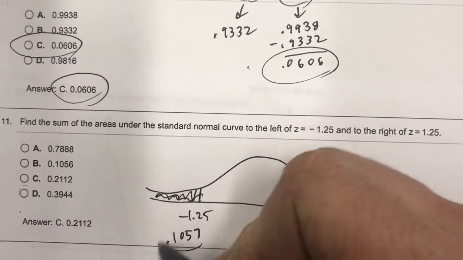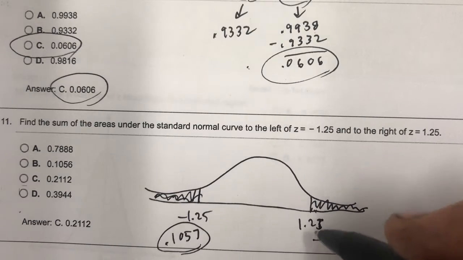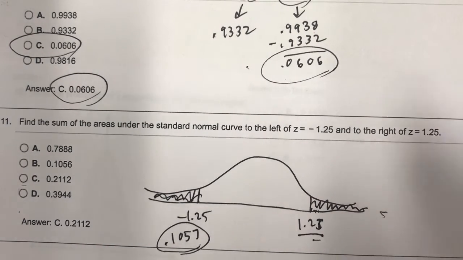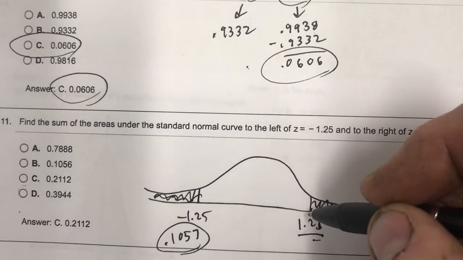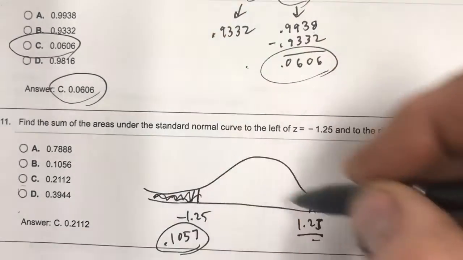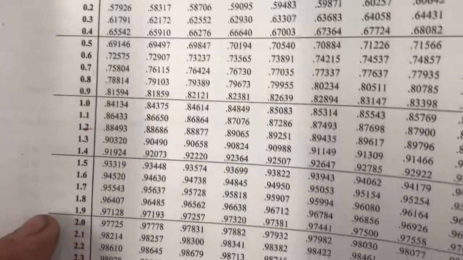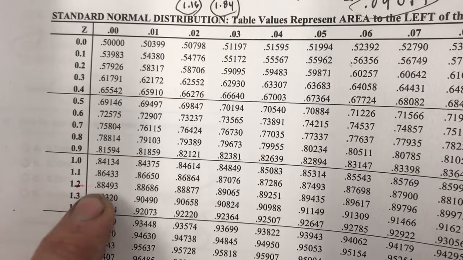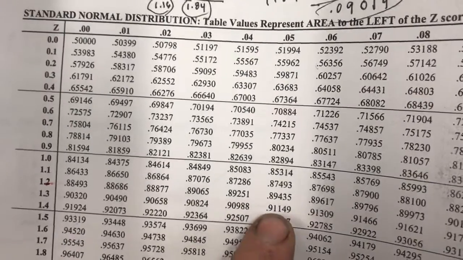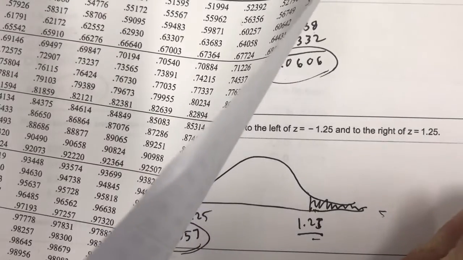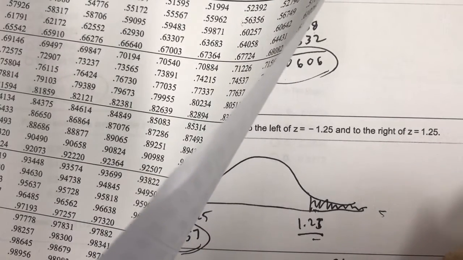There's that one. All right, now this one here, since I'm to the right of it, I look up this, and I got to subtract it from 1 because, you know, the score on the chart is to the left of that. So I can look up 1.25. Okay, 1.2, 0, 1, 2, 3, 4, 5 is right there. 0.89435.